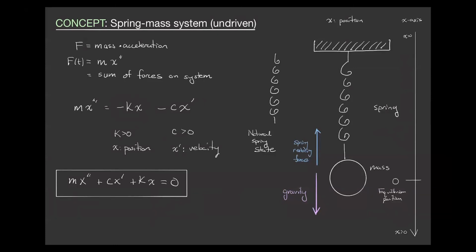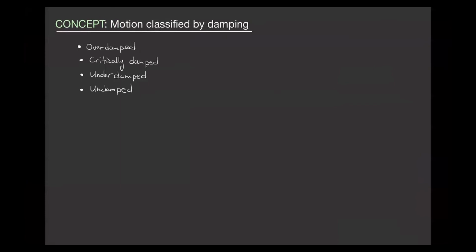Now, since we have this, we can get 4, maybe 3, depending on how you classify it, different types of motion. Since we've got mx double prime plus cx prime plus kx is equal to 0, this is linear, constant coefficient, and it's homogeneous.